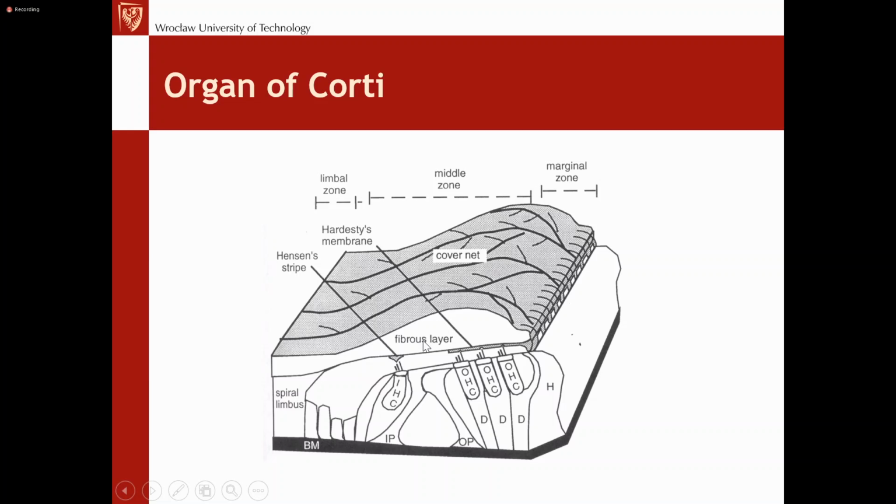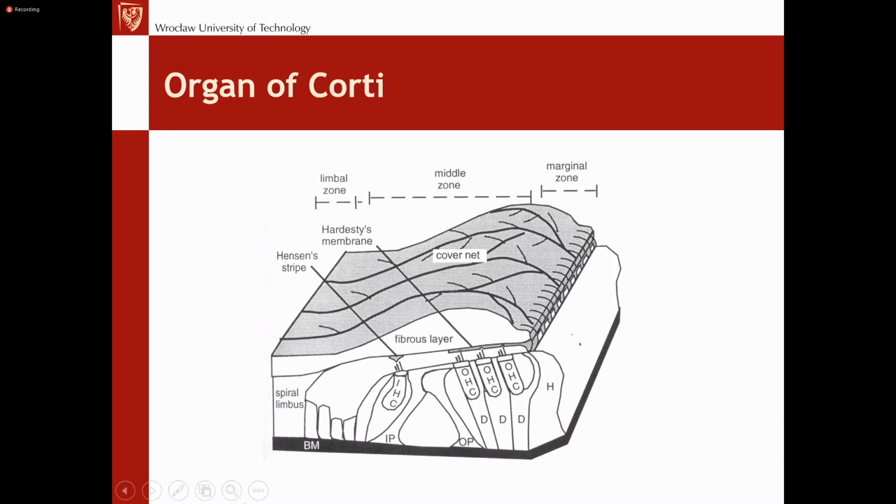So when this cover net is relatively constant in this position, these hair cells are going to move from one side, and this movement causes some channels to open, and the polarization causes some neural impulses, electric neural impulses can be active.